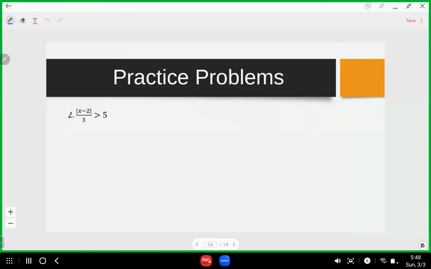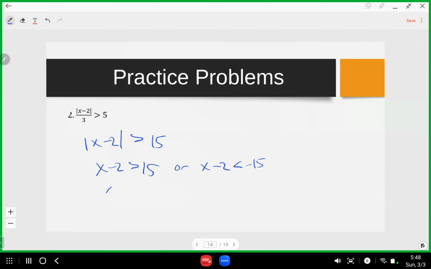So we have x minus 2 absolute value over 3. We have x minus 2 is greater than 15, or x minus 2 is less than -15. Okay.